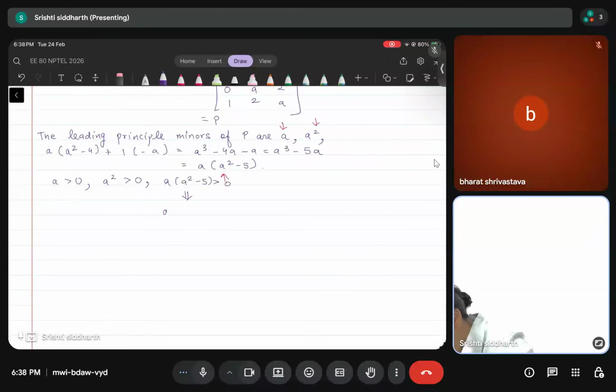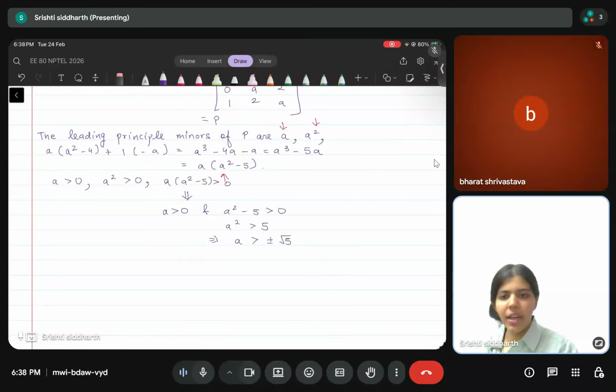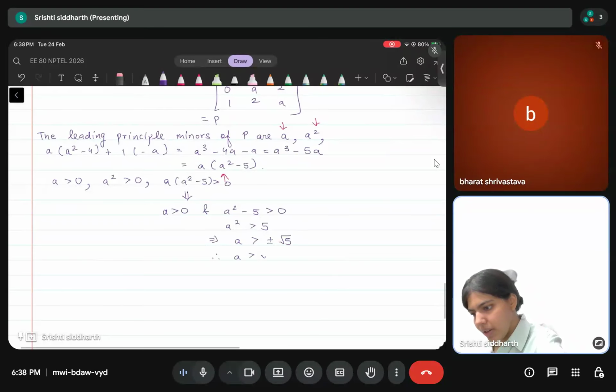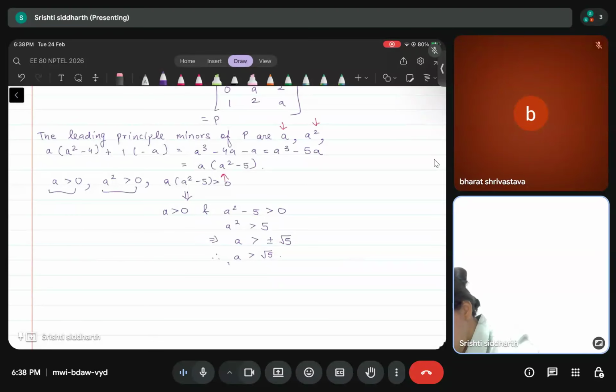So this means that a should be greater than 0 and a square minus 5 should be greater than 0. a should be greater than plus or minus root 5, but since a is greater than 0, therefore a should be greater than root 5.